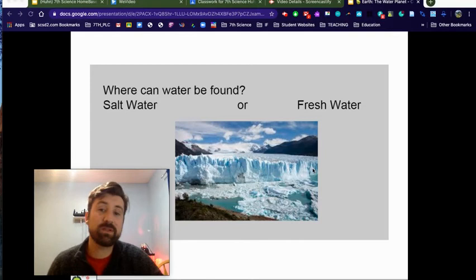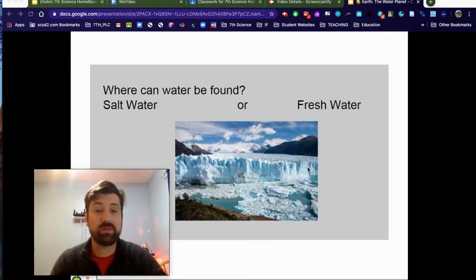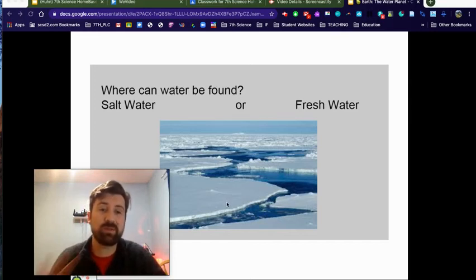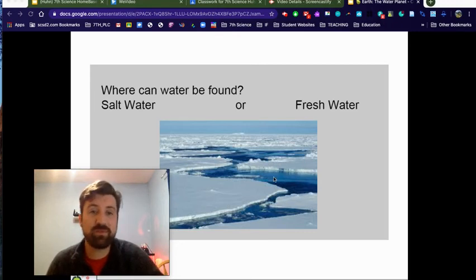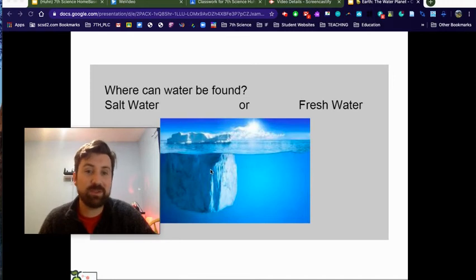Glaciers, fresh water. When you freeze water, the salt falls out and you're left with fresh water. Sea ice actually is mostly fresh water, frozen. There's no salt really in the ice, maybe a little bit on the edges, but mostly fresh. Icebergs, even though they're in the ocean, again, they're mostly fresh water.